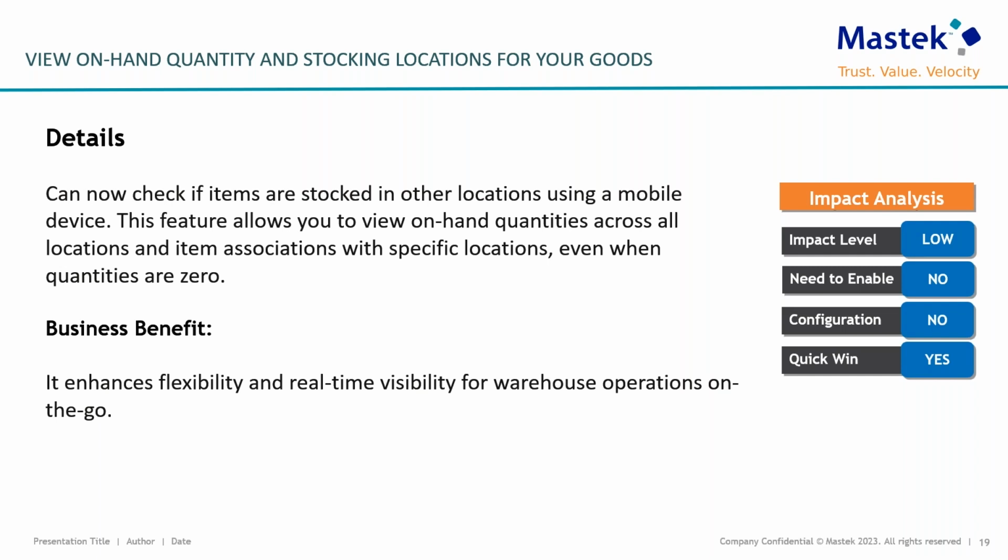The business benefit is it enhances flexibility and gives us real-time visibility for our warehouse operations. So this is a very quick win. There is no need for opt-in, and there will be no configuration changes.